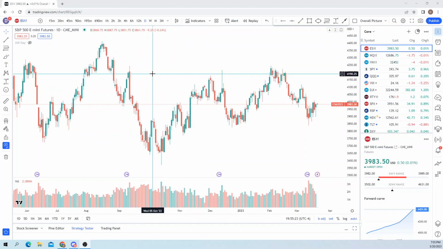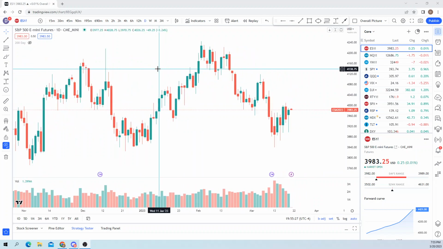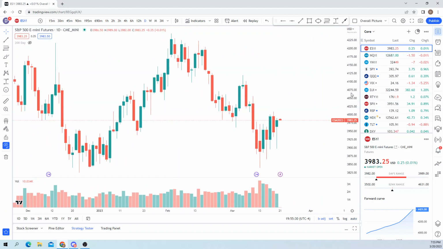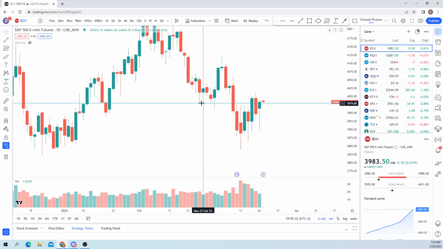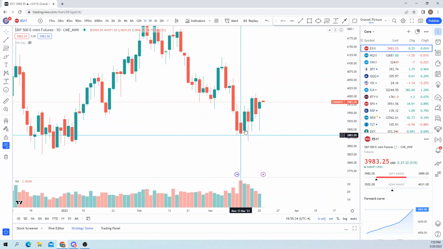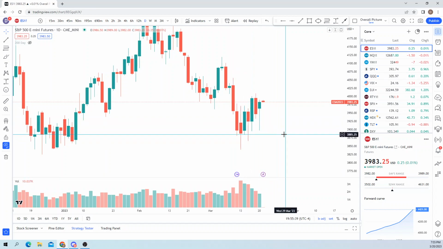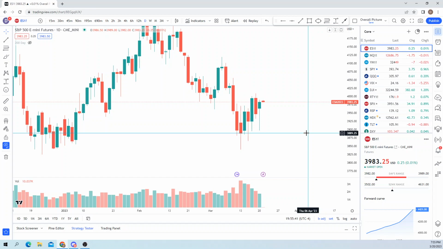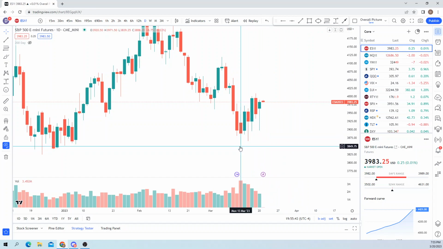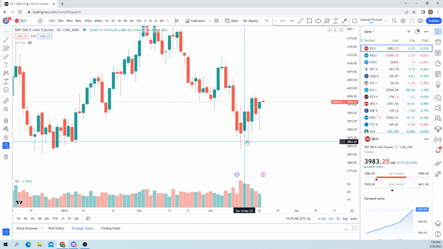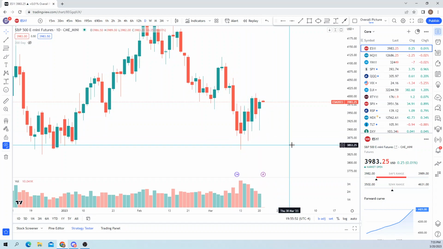So looking at a naked daily chart of the S&P 500, we can see that there is clearly some strength by the bulls, okay? So this is a daily chart, right? And just by looking at this, with no other indicators or anything else, you could see that the wicks have been long on the downside, and each pullback has been at a higher low compared to the previous.